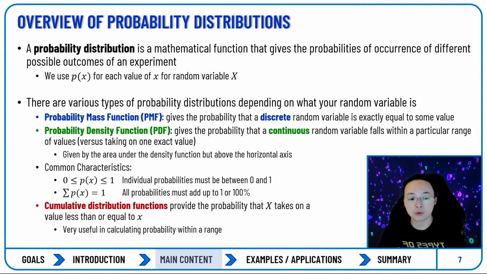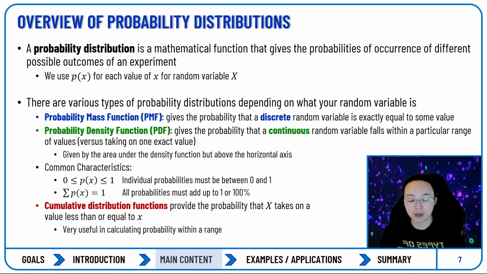There is one more function I want to talk about, and it's the cumulative distribution function. That CDF is going to provide the probability that x takes on a value less than or equal to x. So this is very useful in calculating probability within a range, and we usually use that with the probability density function.